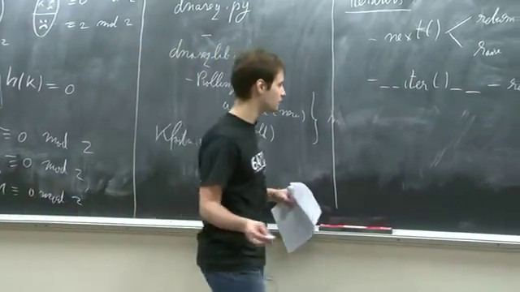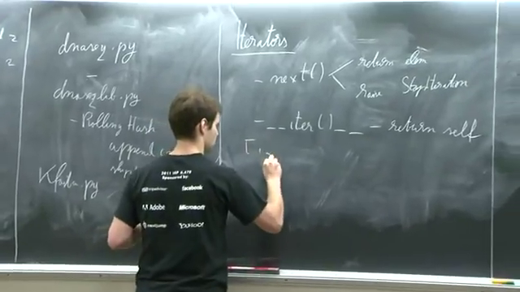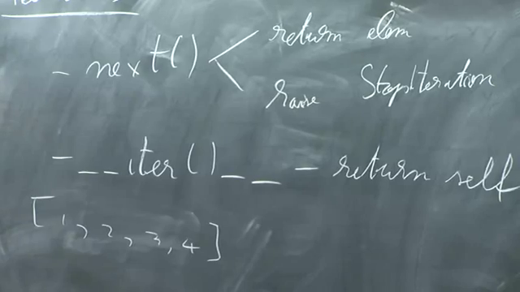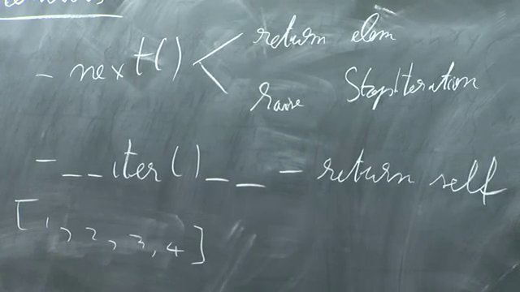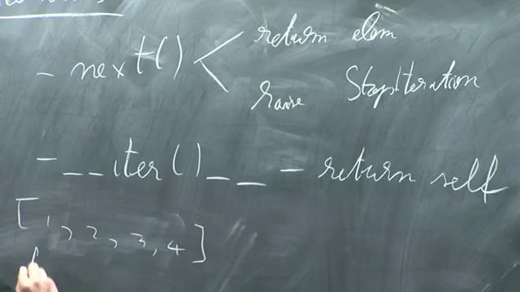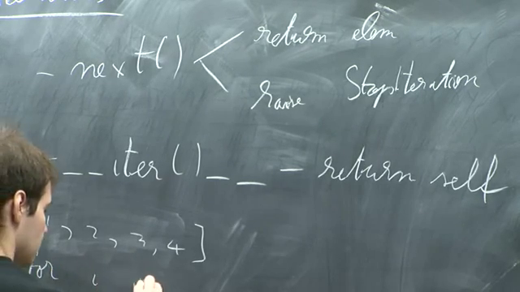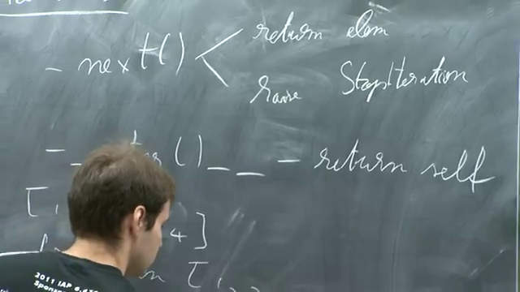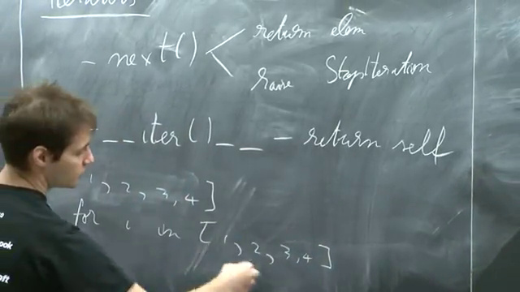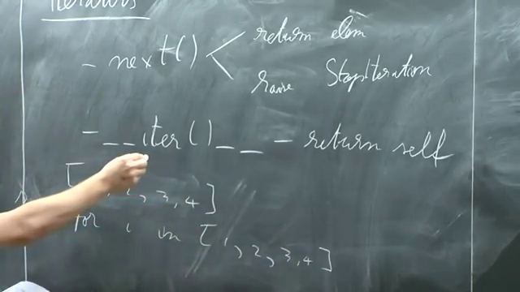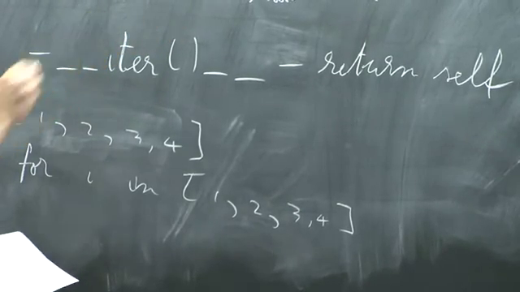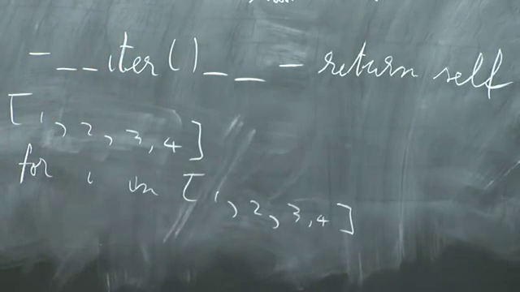So if you have something like a list, 1, 2, 3, 4, then if you call iter on this, you'll get an iterator for it, hopefully. And this is what Python uses when you say for i in. Behind the scenes, whatever object you give it gets an iter call, and that produces an iterator, and then Python calls next until stop iteration happens.